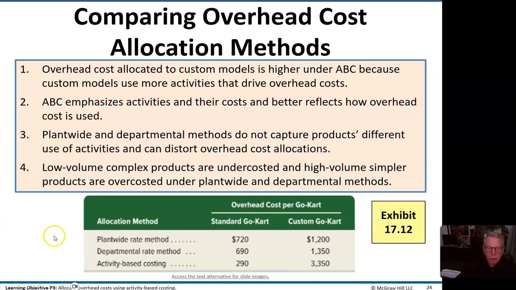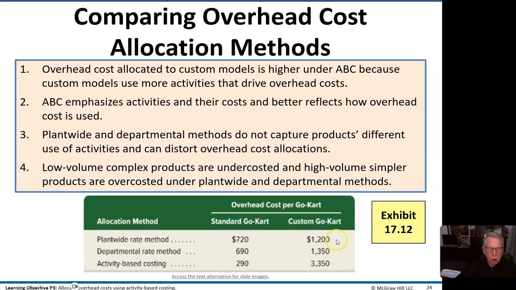So if I look at this comparison here, the overhead cost per go-kart for the standard cost under the plant-wide method was $720, but it went down to $690 using the departmental rate method, and using activity-based costing, it goes down considerably more per unit.